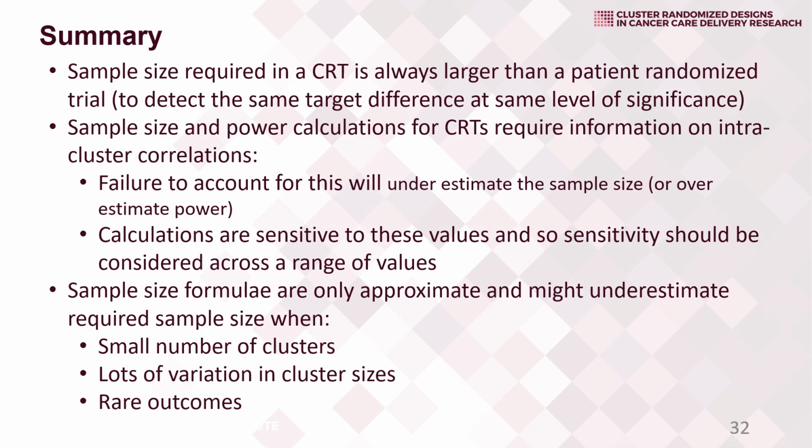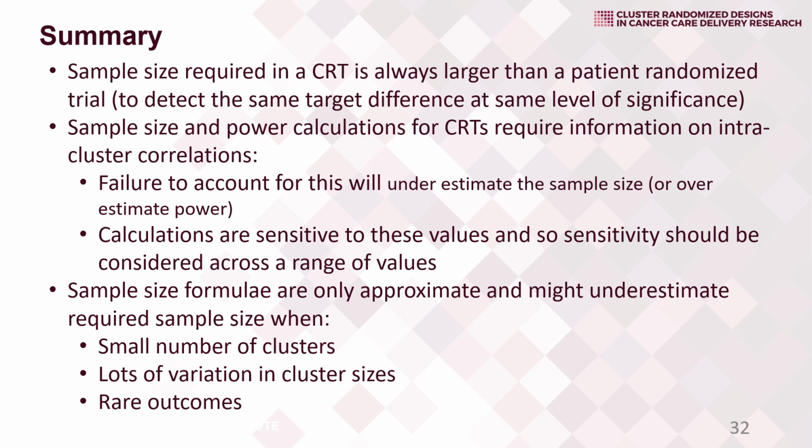So in summary then, sample size and power calculations for cluster randomized designs require information on intra-cluster correlations. That correlation has to be accounted for in sample size. If we don't, we might underestimate the sample size or overestimate the power.